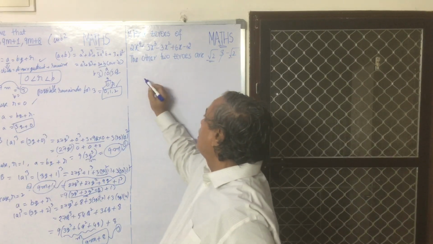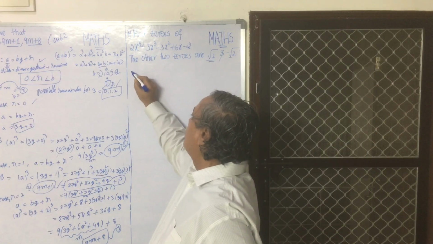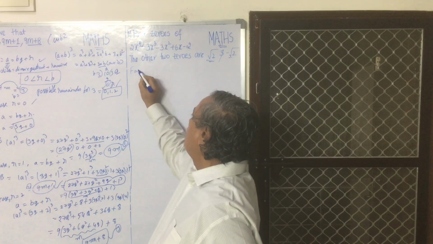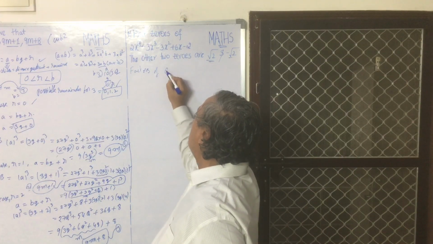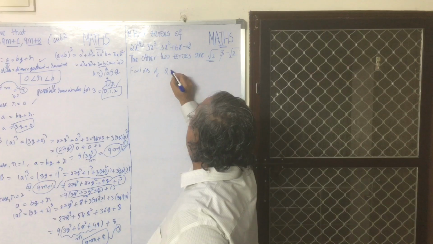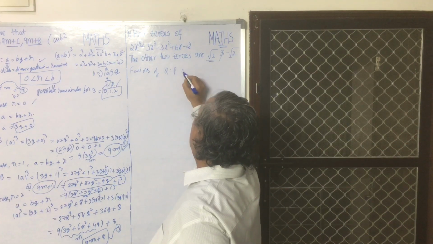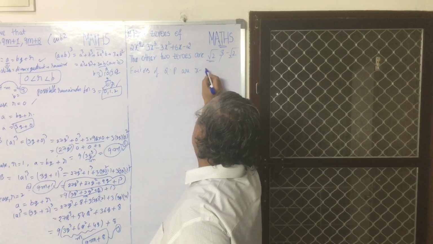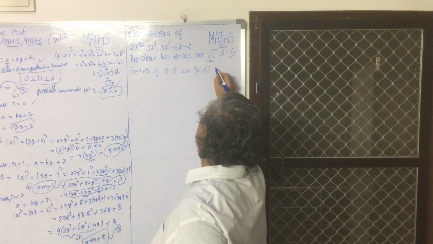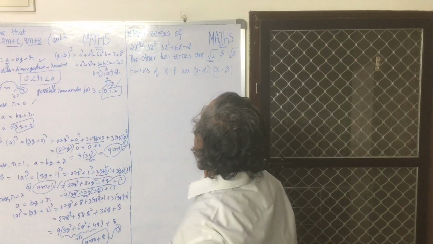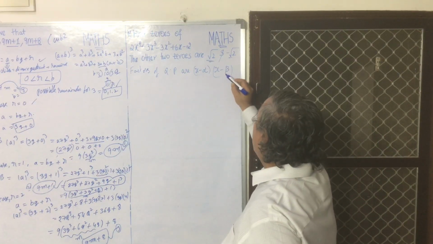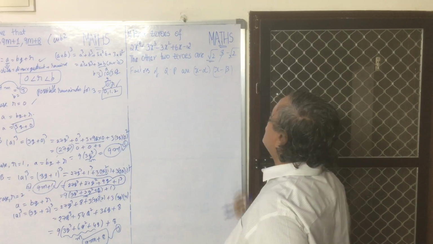Therefore, what are the factors? Write down: factors of the quadratic polynomial are x minus alpha into x minus beta. Here alpha is root 2 and beta is minus root 2.